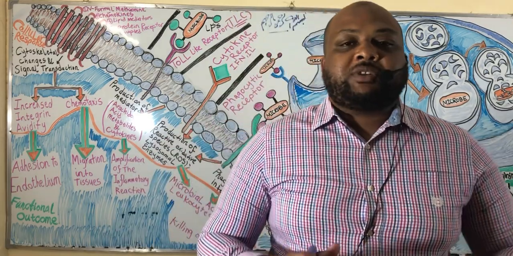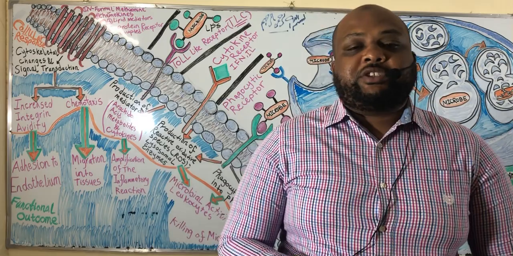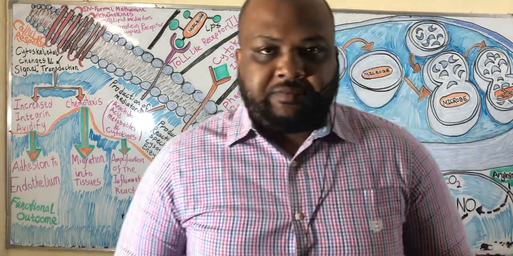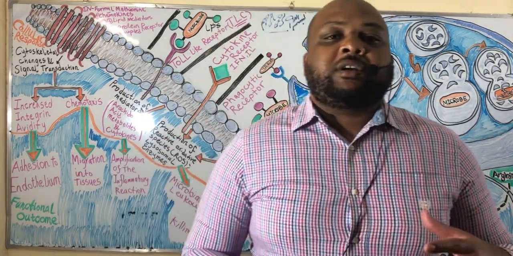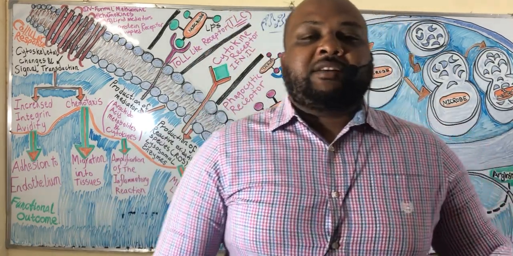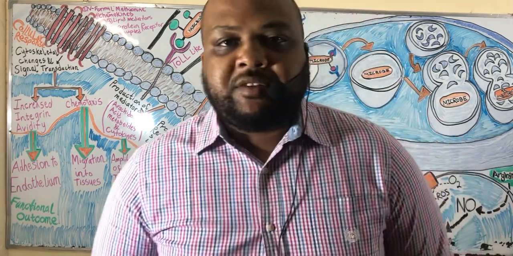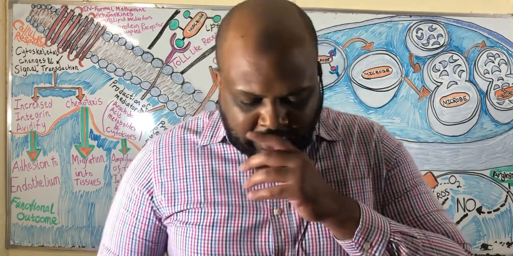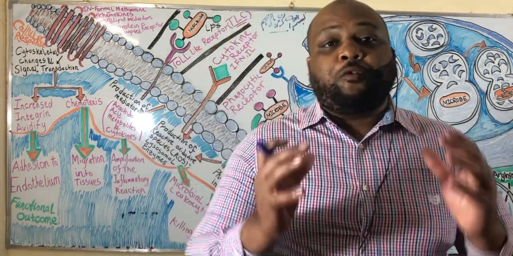We have these leukocytes circulating in our blood vessels, and they are inactive. It makes sense that these leukocytes are inactive because the energy expenditure that comes with having circulating active leukocytes would be very expensive. So we need to have them circulating in an inactive form.